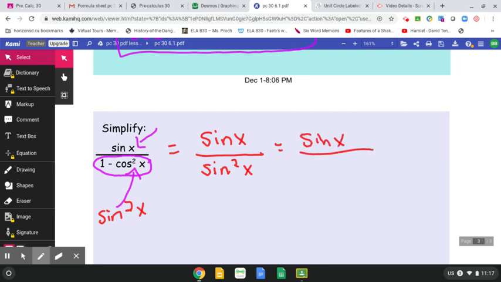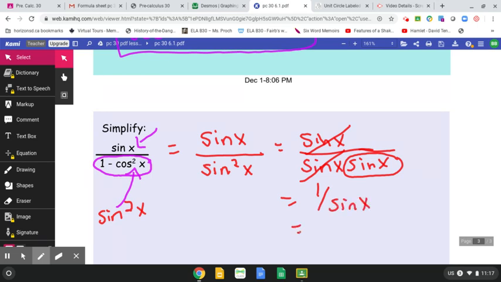Great. Lots of people hate that squared, so I always say don't worry about it, just write it twice. And that way it's really easy to see that you're able to cancel 1, but that other one has to stay in the denominator, so that you have 1 over sine x, which is cosecant x.